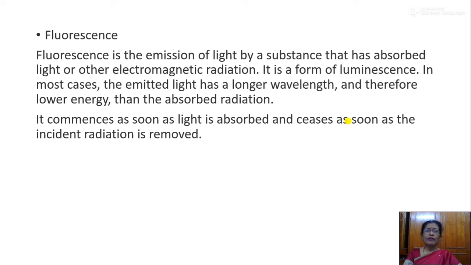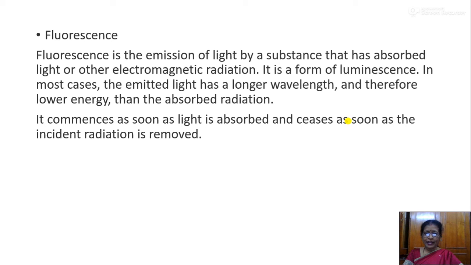Now, what is fluorescence? Fluorescence is the emission of light by a substance that has absorbed light or electromagnetic radiation. It is a form of luminescence. In most cases, the emitted light has a longer wavelength and therefore lower energy than the absorbed radiation.